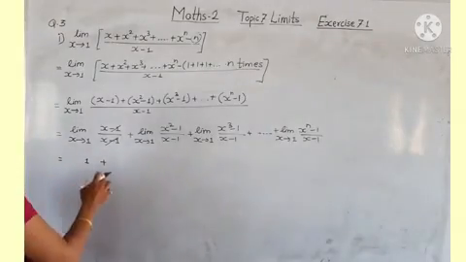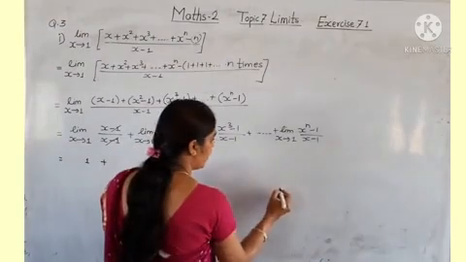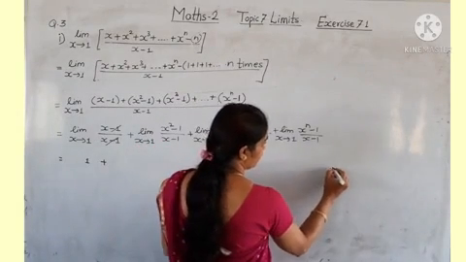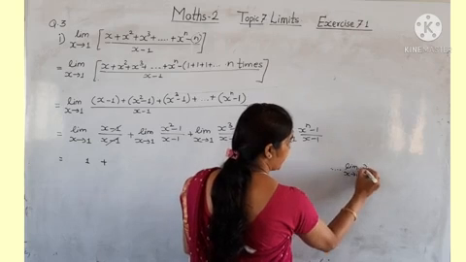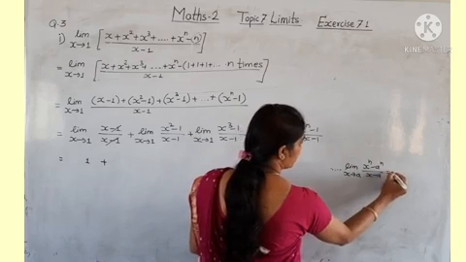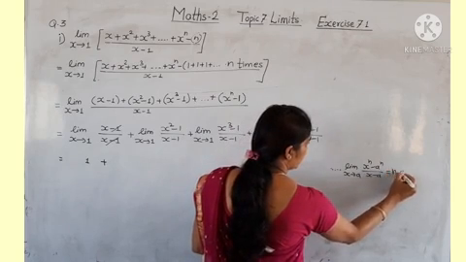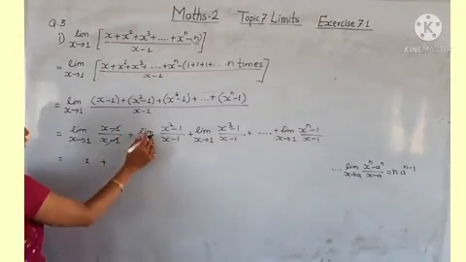So how do we write it, what is the formula? Limit x tends to a, x raised to n minus a raised to n upon x minus a is equal to n into a raised to n minus 1. So here apply the formula.